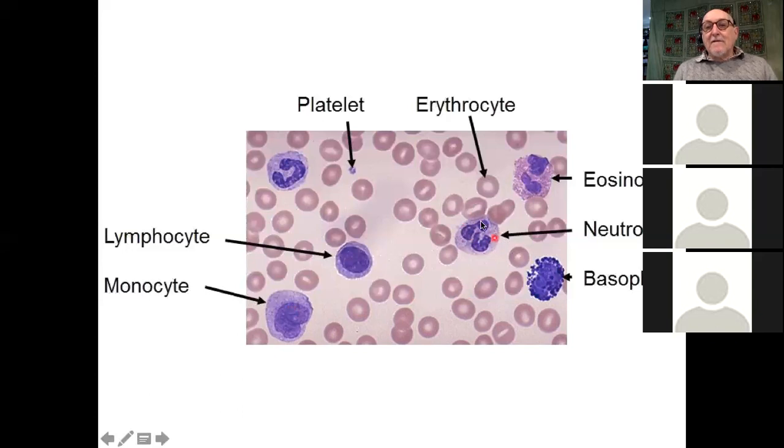These here are the most abundant of the leukocytes, of the white blood cells. This is a neutrophil here. And you can look at its nucleus, and you can see it has this strange nucleus with lots of lobes to it like this. That's the easy way to recognize them. Here's another one here. They are the commonest white blood cell, and they are the soldiers of the immune system.